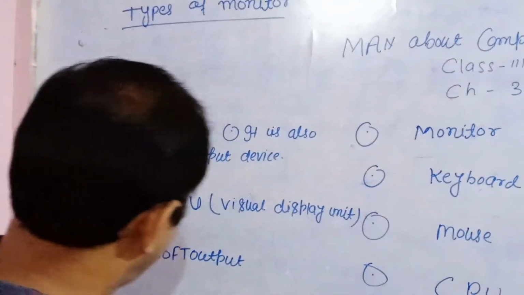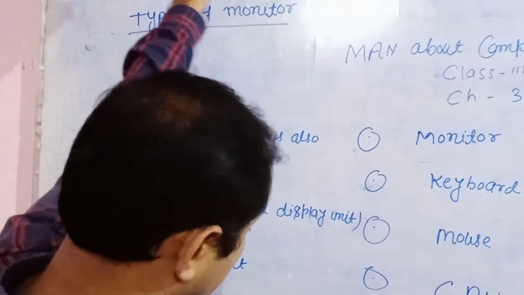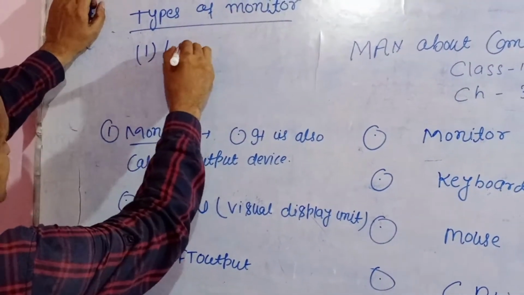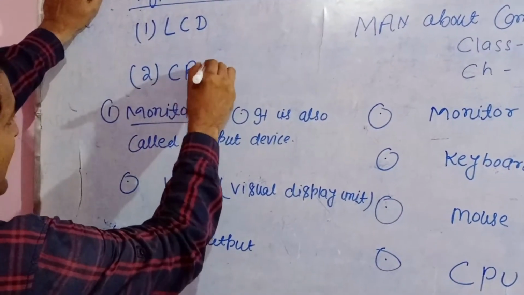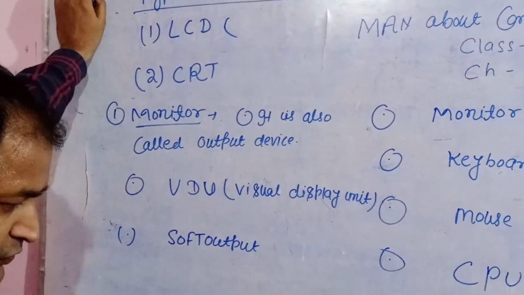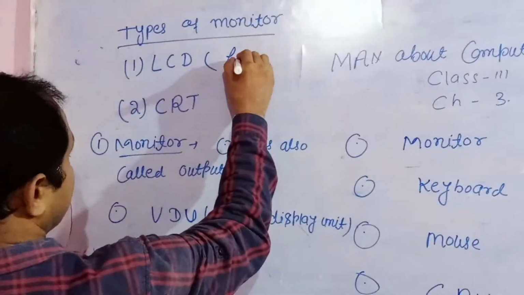But today I discuss the monitor. There are two types of monitor. First monitor LCD, and the second monitor CRT. What is the full form of LCD? The full form of LCD is liquid crystal display.